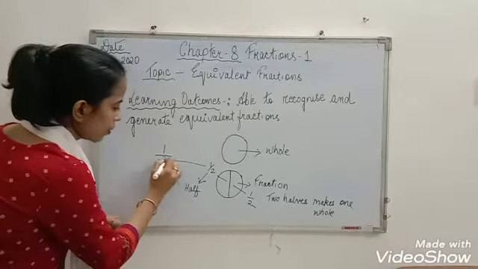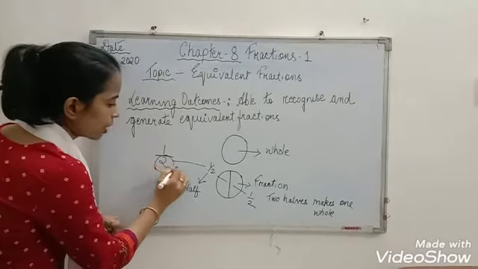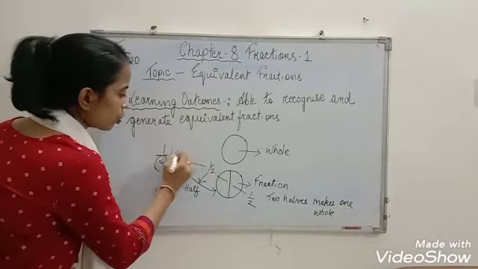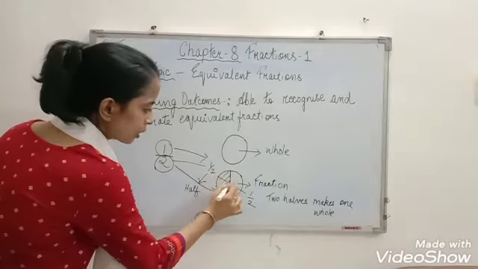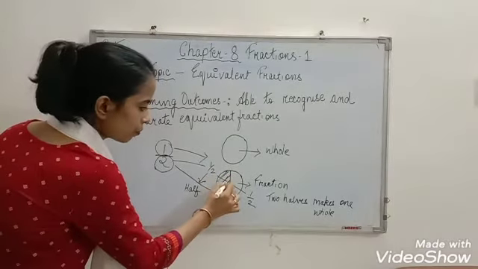The bottom number represents the total number of parts the whole is divided into. And the top number represents the parts that you have taken out, or you have.